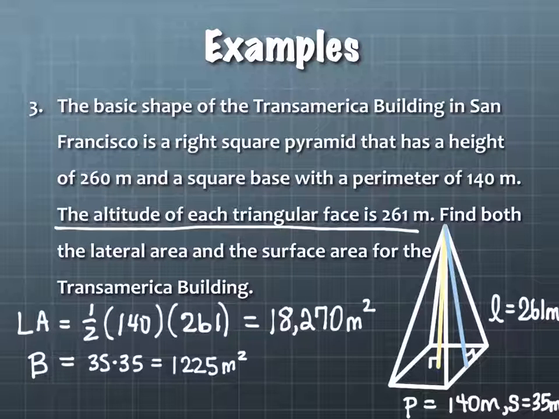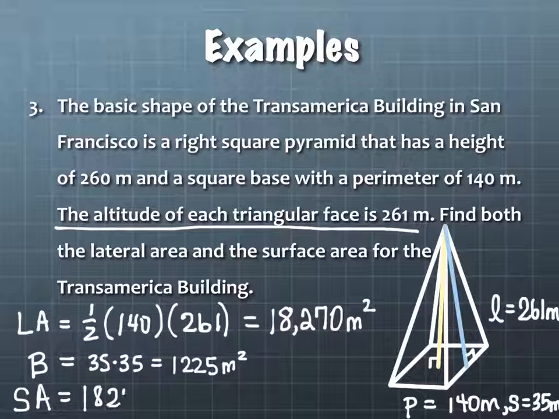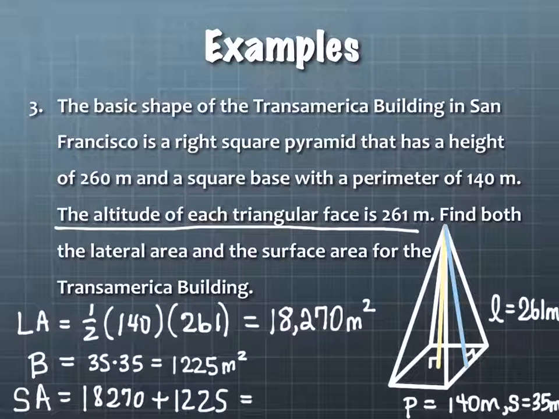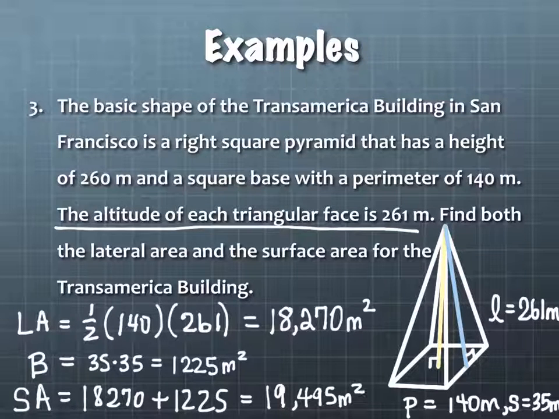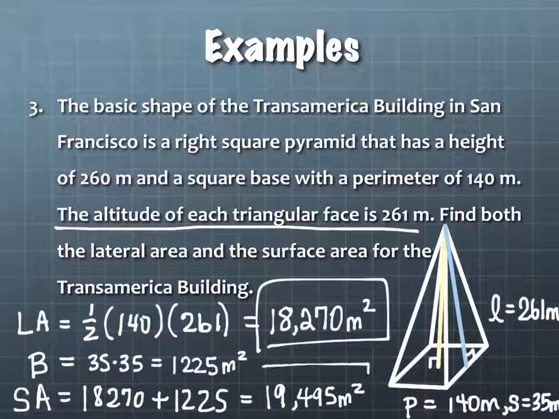Square meters, correct? And then that means the surface area of all of it would be the 18,270 plus the 1,225 for a grand total of what? 19,495 meters squared. Okay, and those actually were the two areas I was asked to find.